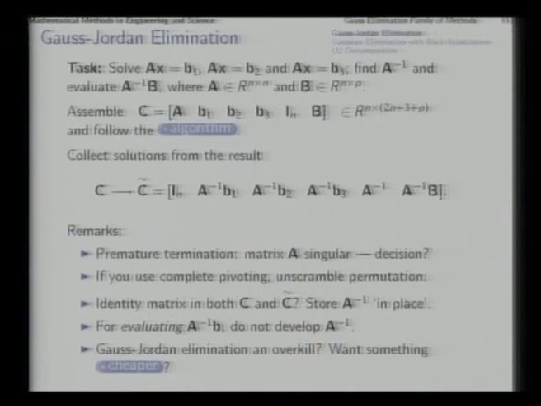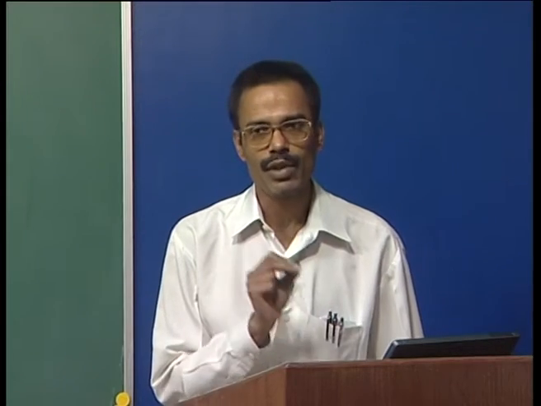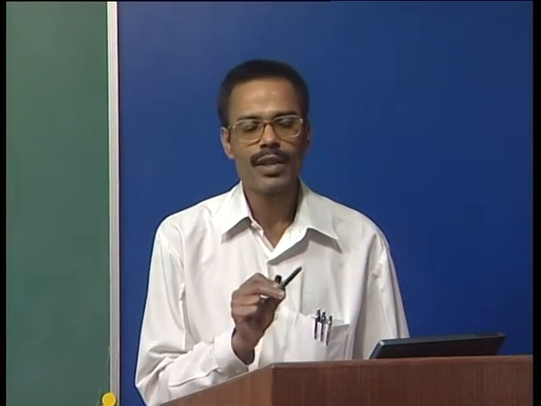Now, a few issues we can raise regarding efficiency. In this naive algorithm, you would have noticed that in the beginning here we have stored an identity matrix which was not needed, because it does not have any information content. As long as we know that an identity matrix is supposed to be there, we do not need any further information to actually store those ones and zeros.